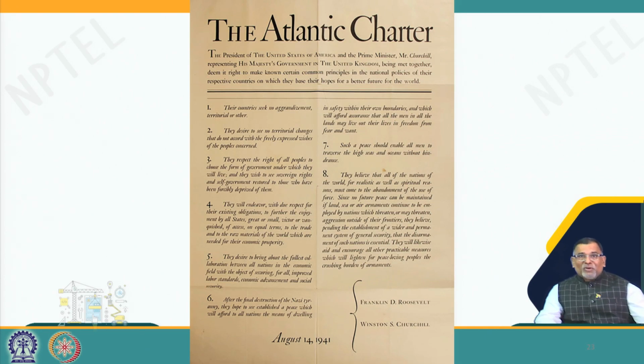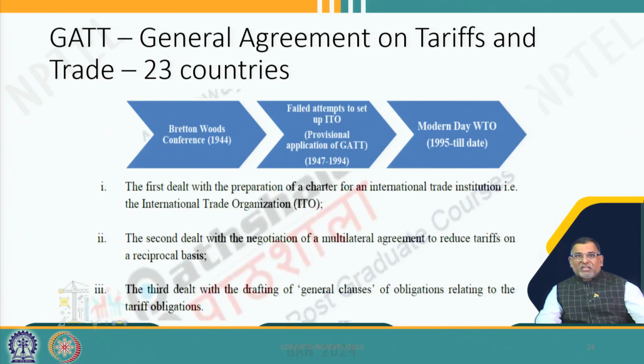You can see the copy of the Atlantic Charter, which shows what the United States President said, and also what the Prime Minister, Winston Churchill, said. The Atlantic Charter between the US and the UK talks about the opening of economies at that point of time. So, this economic charter between the two countries contributed again to the development of GATT.